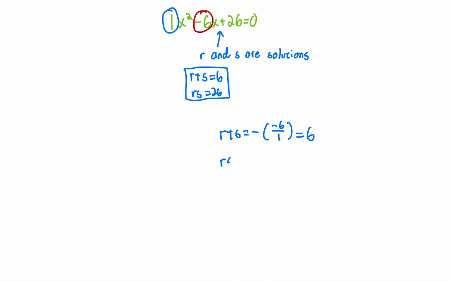And r times s is equal to this, the 26, the constant term, over the 1. So then it's just going to be 26 over 1, which equals 26. Notice that there's no negative on the rs, but there is a negative on the r plus s. So in this case, we'll get these relations.